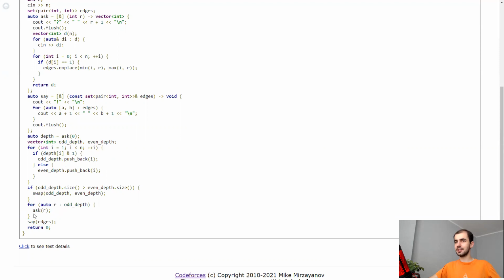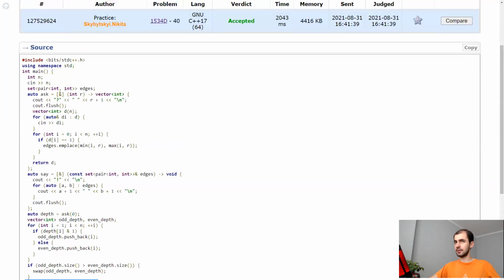You may have noticed that I did nothing here because, once again, the ask function is convenient because it can do things for you, not only reading input. For example, here, whenever I see a distance of 1, we already said that it means that this is an edge of the tree. So why don't we just add it to our list of edges right here?